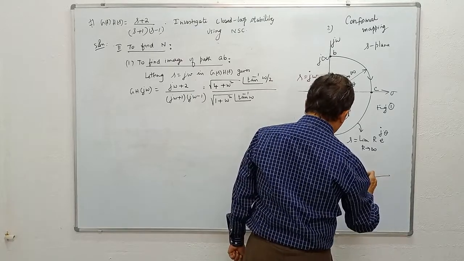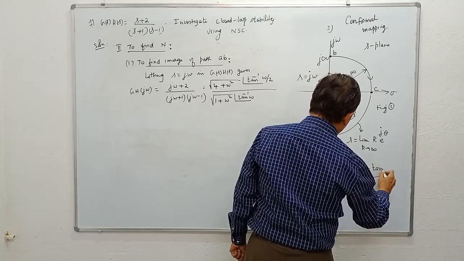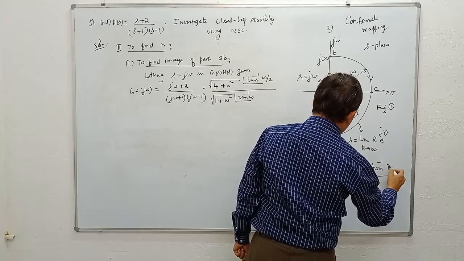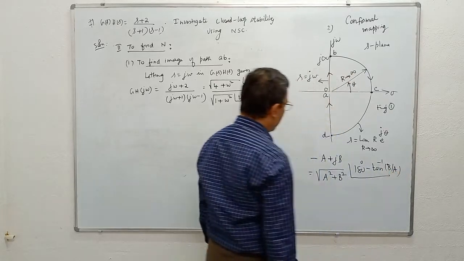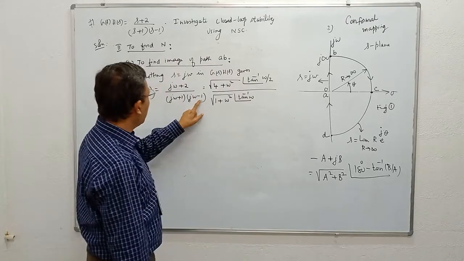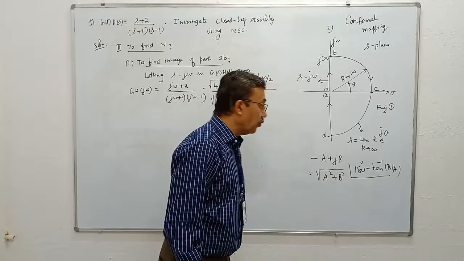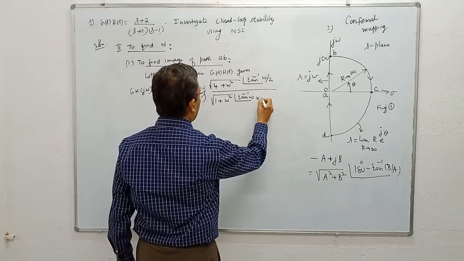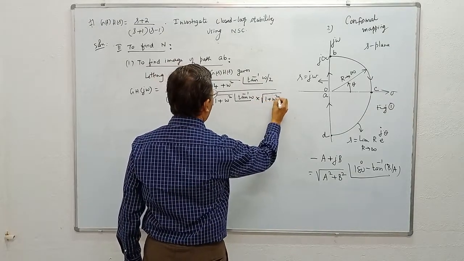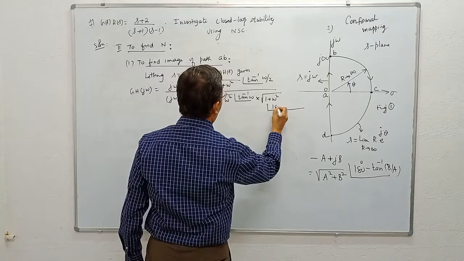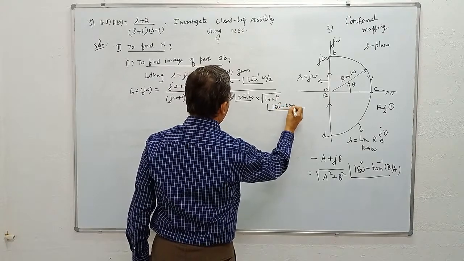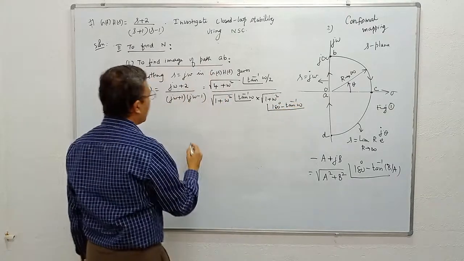Angle is 180 degrees minus tan inverse of b by a. So here minus 1 plus j omega, real part is negative. Therefore this 180 degree phase shift will come. Magnitude is root of 1 plus omega square. Angle is 180 degrees minus tan inverse of omega.